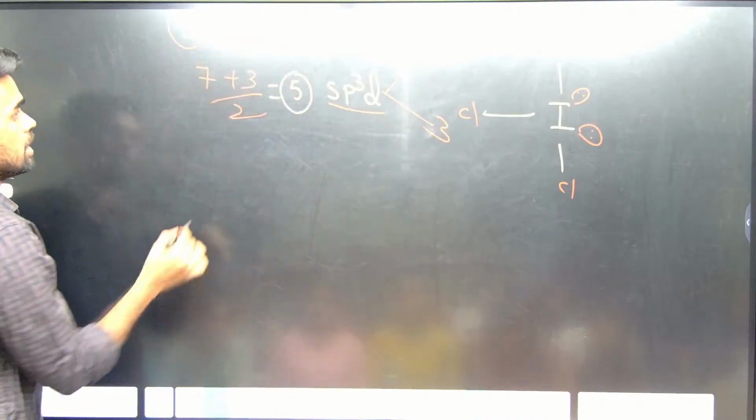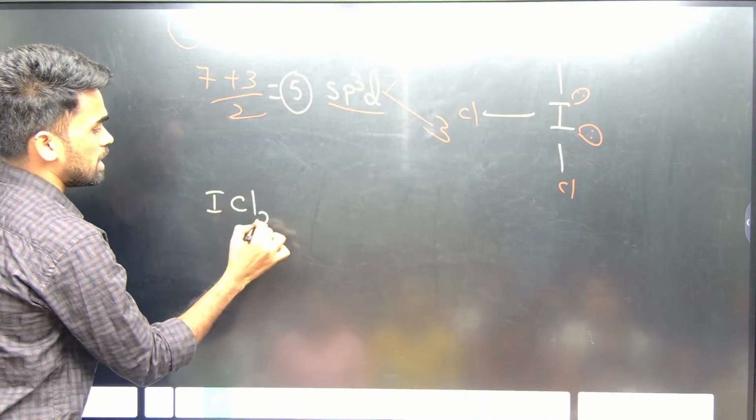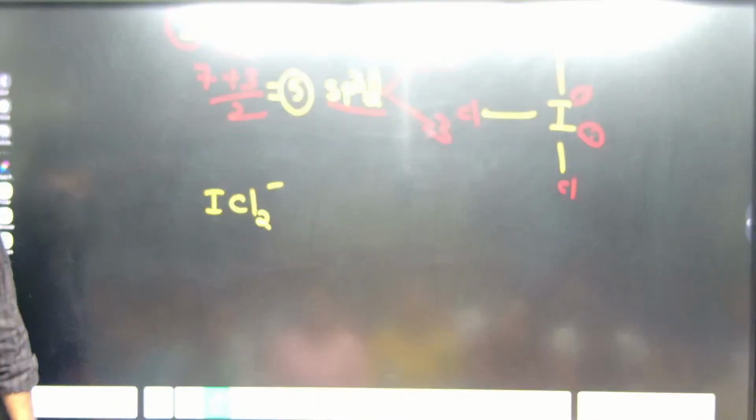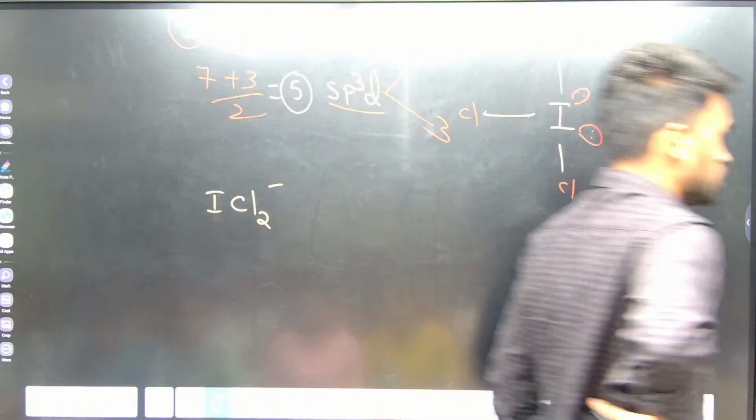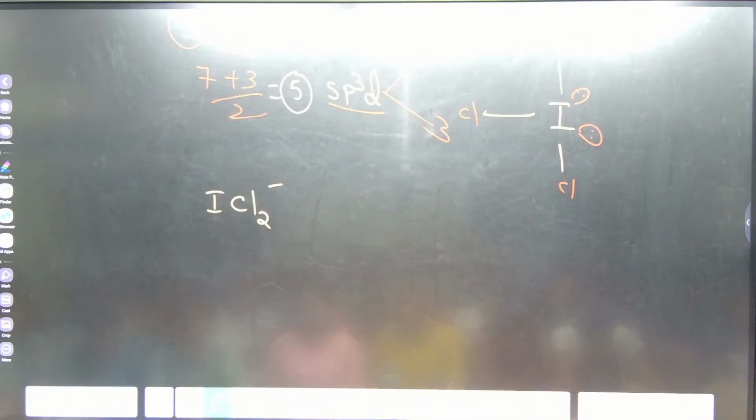Okay, next. You do it for this fast: ICl2 minus. Everyone, I am not going to explain now. ICl2 minus. Write the structure, tell me how many lone pairs are in equatorial, axial, all that.